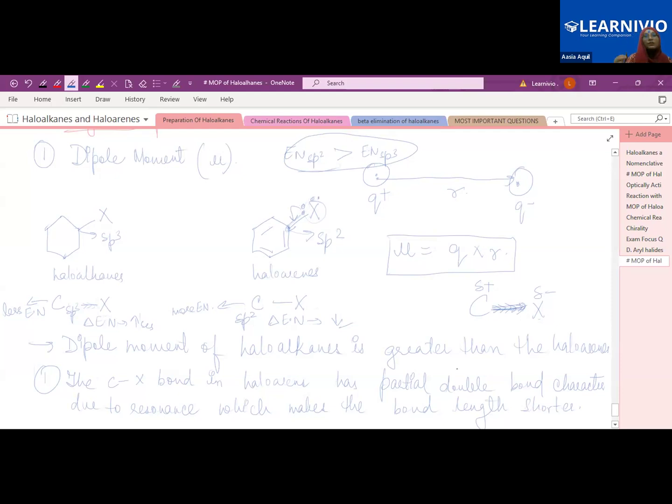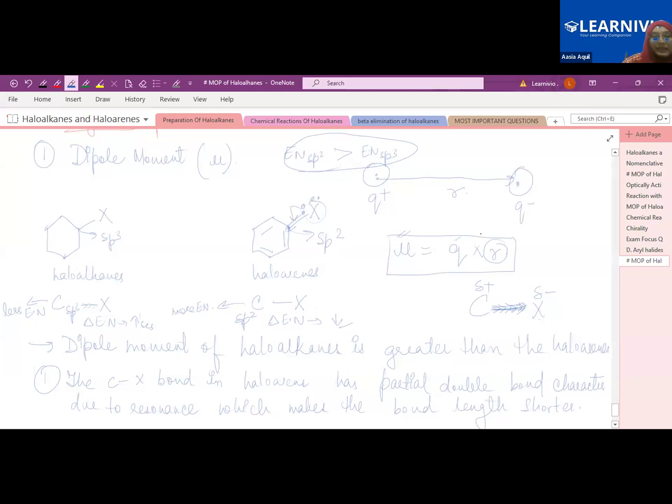The bond length will be short as compared to the haloalkane. You know very well the dipole moment depends on the separated charges as well as the distance between the two charges. Less the distance, less will be the dipole moment. More the distance, more will be the dipole moment, right?